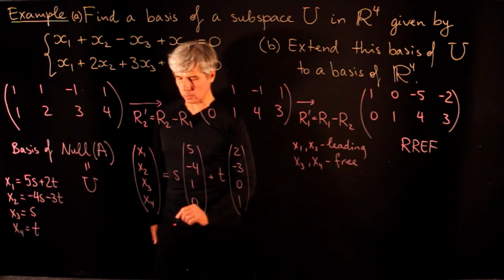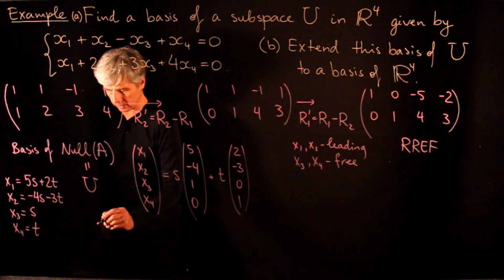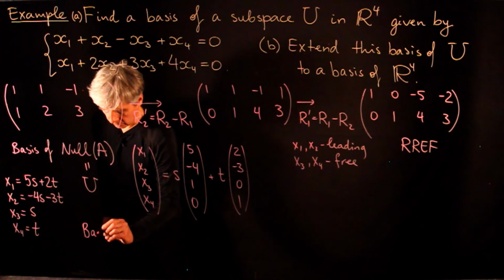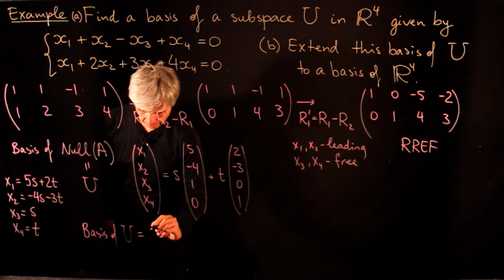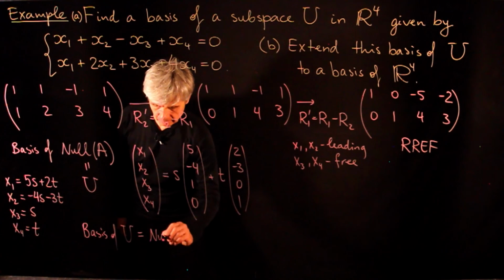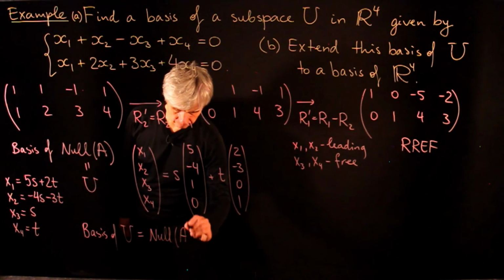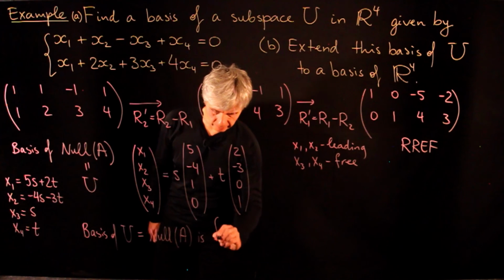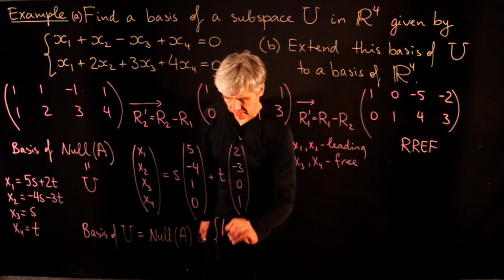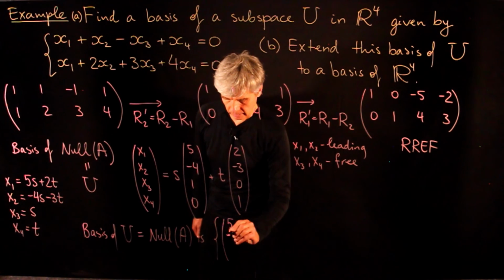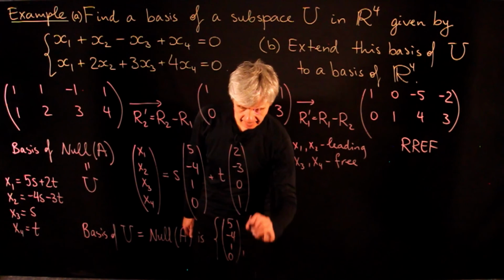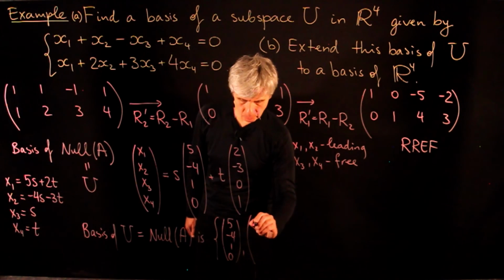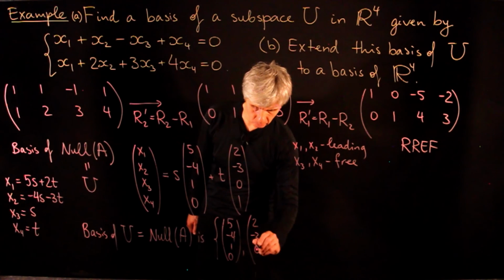And so the answer is that the basis of U, which is the same as the null space of A, is a pair of vectors. The first vector is 5, negative 4, 1, 0. And the second vector is 2, negative 3, 0, 1.